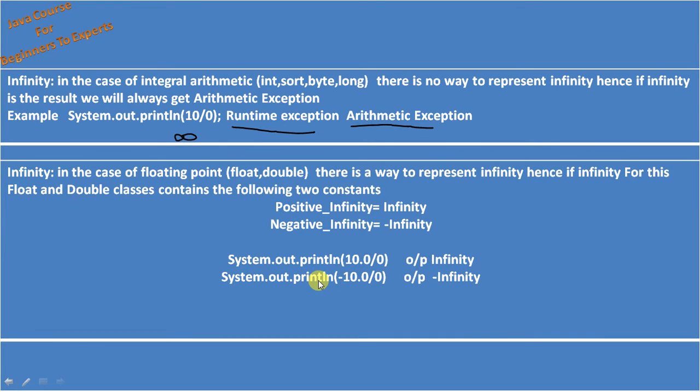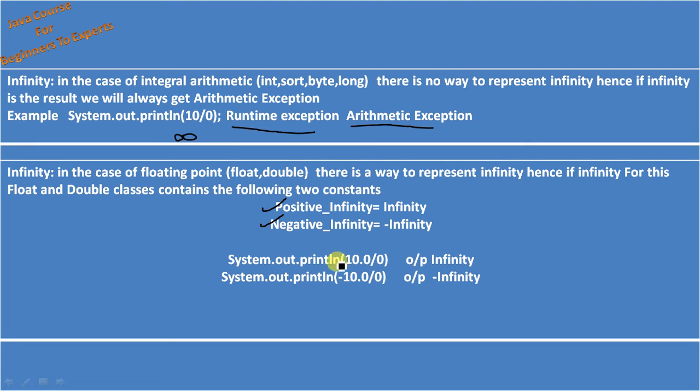Now, in case of float and double, if the result is infinity, then what happens? In case of float and double, there is a way to define infinity. There are two constants, positive infinity and negative infinity, in floating point.